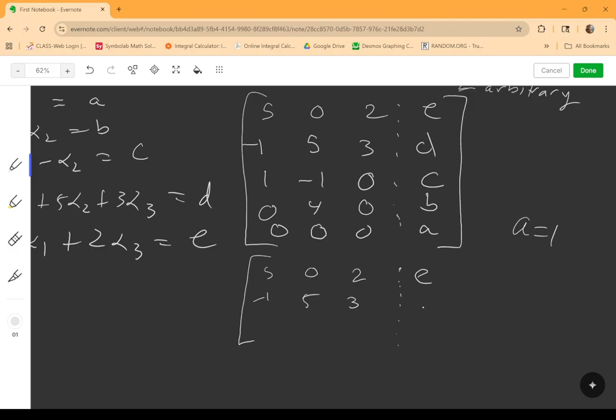Because if I let A be 1, we will wind up with a pivot in the last column of my augmented matrix, and that leaves us with no solution, an inconsistent system.